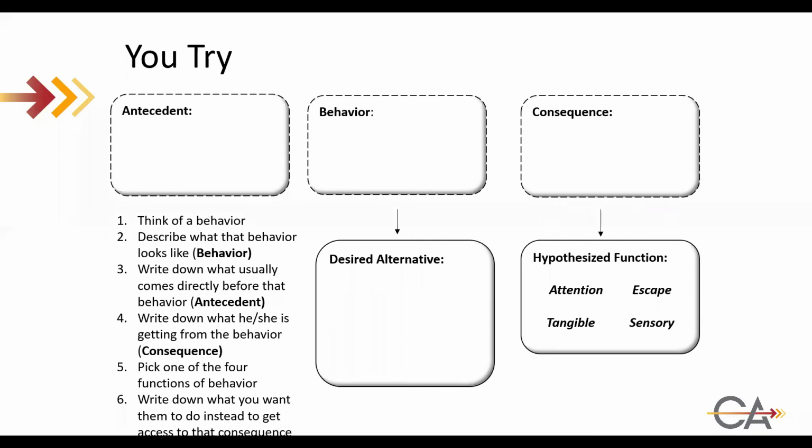But my recommendation as always is collect some data on it. And then if you have a professional, like a behavior analyst or mental health professional, or even a doctor, and you have a little bit of data on it, they can make a much more informed decision on how to get those desired alternatives and how to build those support plans off it.